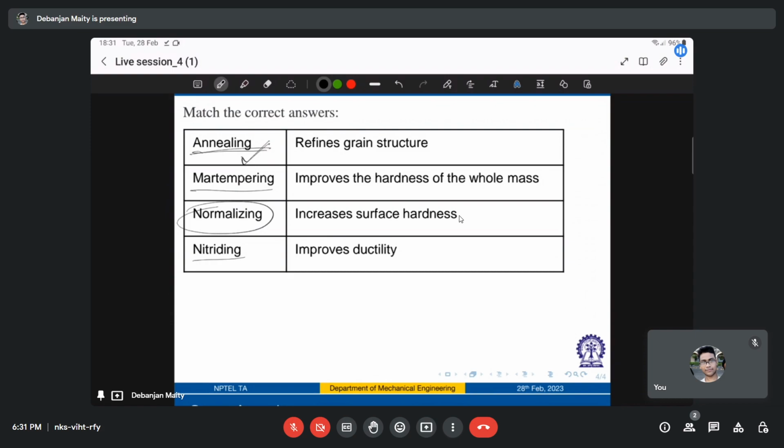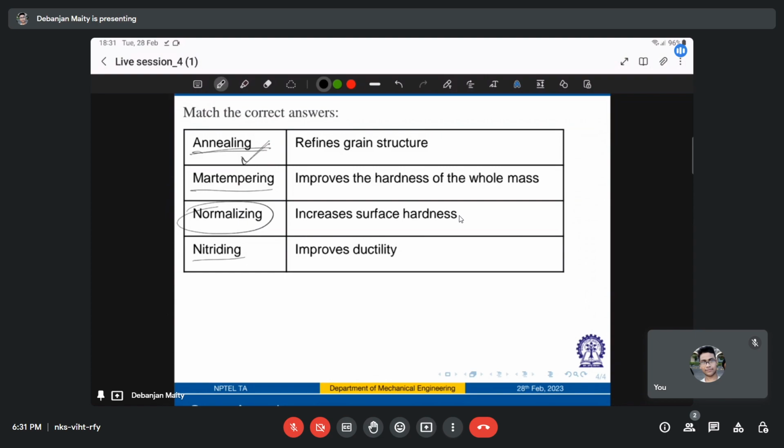As I said earlier, annealing is basically carried out to improve machinability and cold formability, to restore the ductility. So you are restoring the ductility whenever your material is too hard to use in a machinable condition, right?